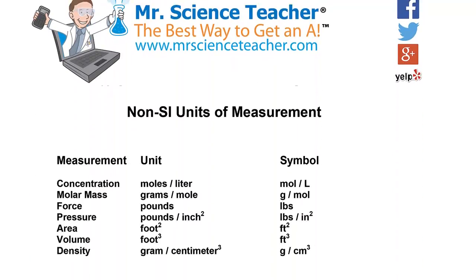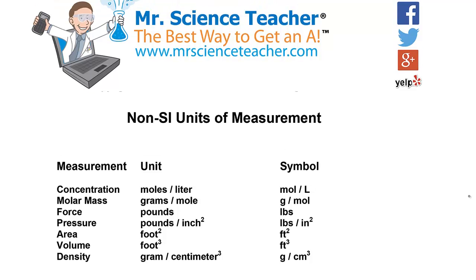Now, sometimes in science we have what are called non-SI units of measurement. Non-SI, in other words, we have these units that are not composed of those 7 base units. And so the first example that I provide is concentration. Concentration is given in terms of moles of a substance per liter.